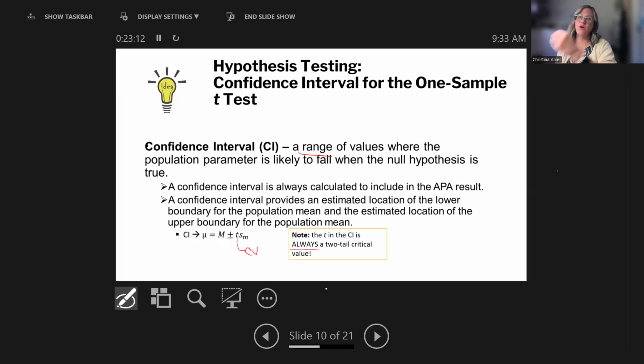That means you would go back into that t-distribution table and locate the critical value using the degrees of freedom for a two-tailed test. So this is another one where you might want to write in big, bold letters: critical value for two-tail only. Always a two-tail for the confidence interval.